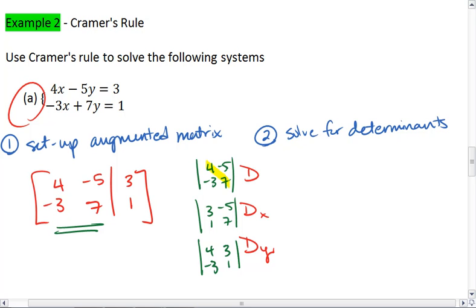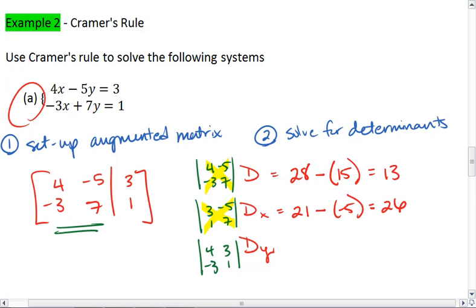Thus, for D, I get 4 times 7, which is 28, minus -3 times -5, which is +15, and this gives me 13. For Dx, I get 3 times 7, which is 21, minus 1 times -5, which is -5, and this gives me 26.